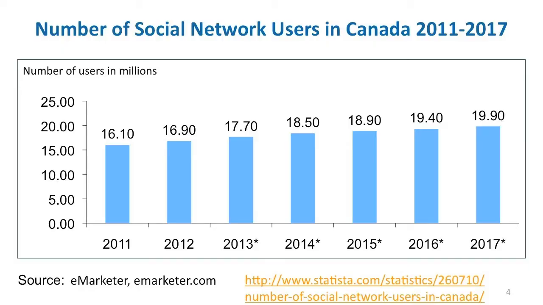At the same time in Canada, 50% of the population use social network sites, and the number is projected to grow only by 17% by 2017. That would be due to already rather high levels of social network penetration.